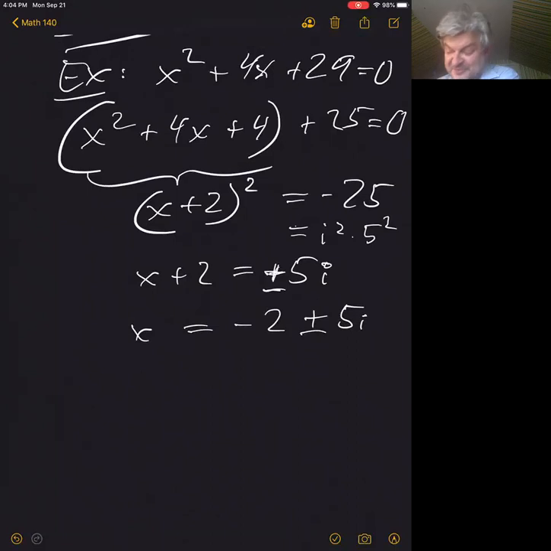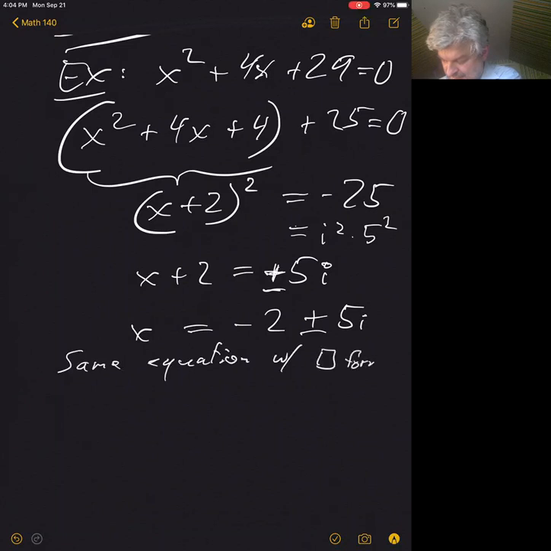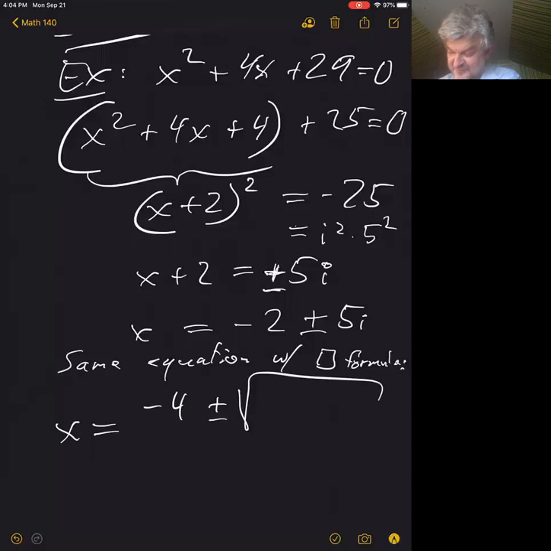Let's solve that same equation using the quadratic formula. The quadratic formula tells me I should take the linear coefficient, which is 4, take the opposite, then go plus minus square root of that linear coefficient 4 squared, that's the 16, minus 4 times 29.